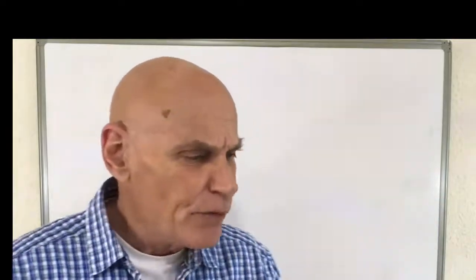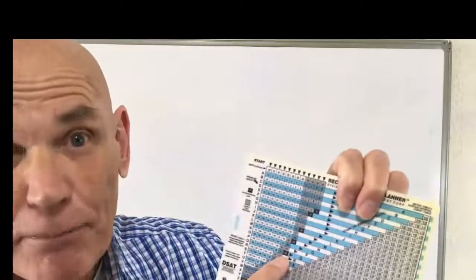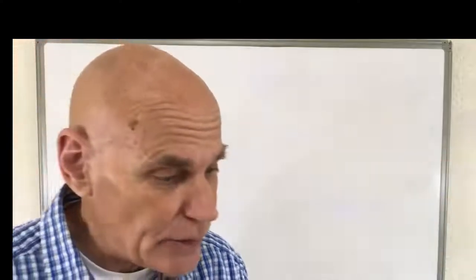For example, anything on this front side of the table is really quite easy to use on here rather than opening up the ERDPML. For example, if you were asked what's the maximum amount of time you can dive at any depth, all you need to do is run your finger across, find the depth, come back down, and whatever's in the black box is the answer to that question.